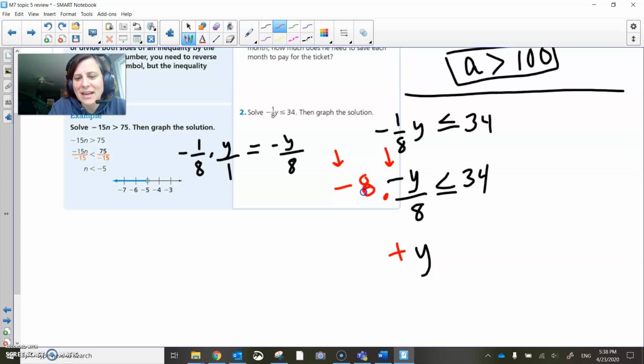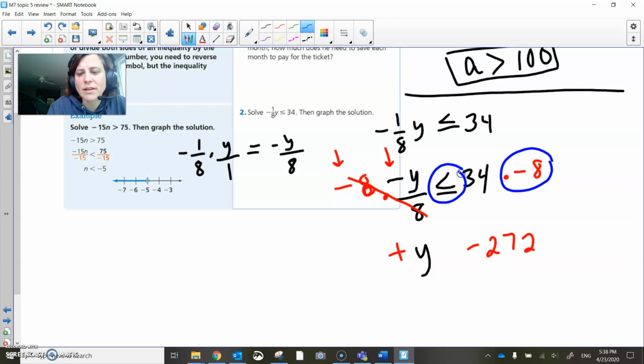And then having an 8 up here and an 8 down here, they cancel each other out. And then I've got to multiply this side also by negative 8. 34 times negative 8 is negative 272. But here's the deal. Since this number we multiplied by is negative, this symbol has to flip the other direction.